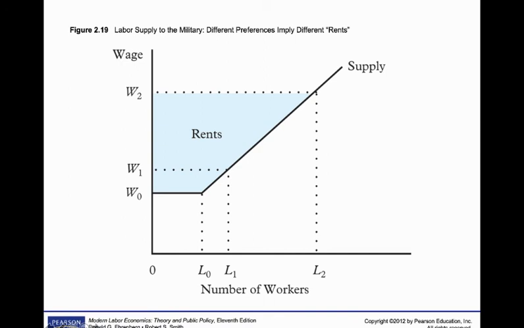And let's say that W2 is the wage that equates the supply and demand for military. Therefore, if the military pays W2 wage rate, everyone who would have joined up for less would be receiving an economic rent. So this is the concept of economic rent.